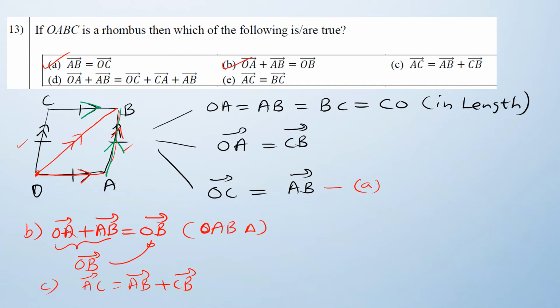So this is the starting point when we consider AB plus CB. From the starting point to the end point, we will have AC.